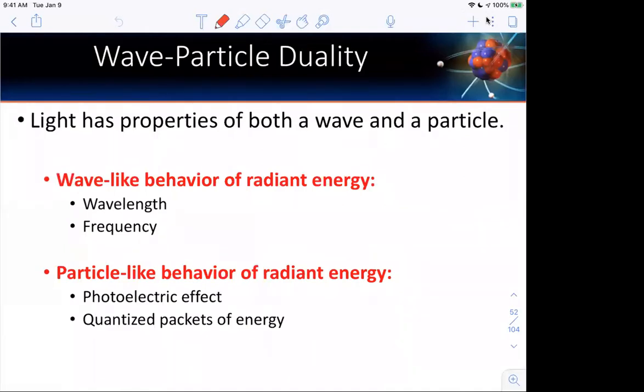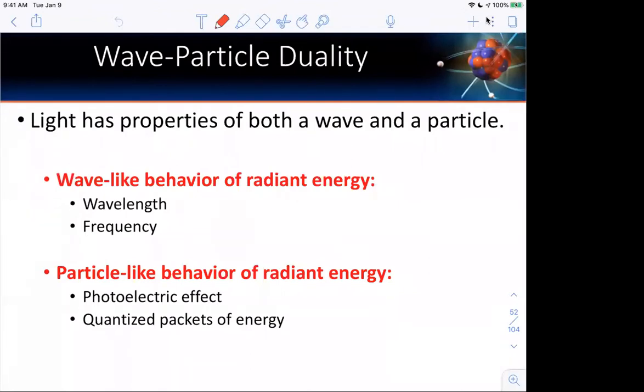When we were talking before, we showed that electromagnetic radiation had properties that were wave-like. They had a wavelength and a frequency, and they diffracted. We also showed that light had properties of a particle.